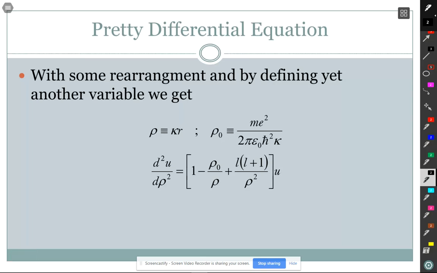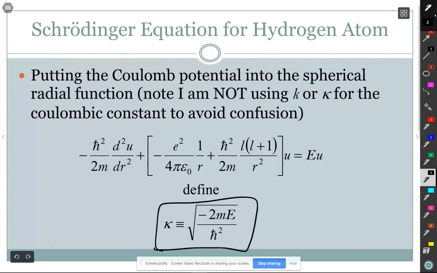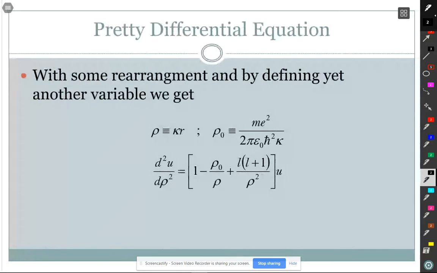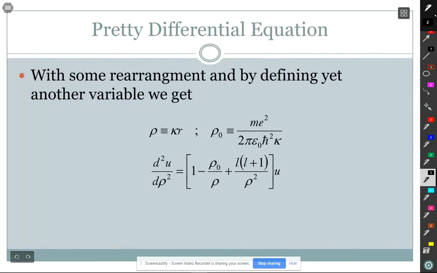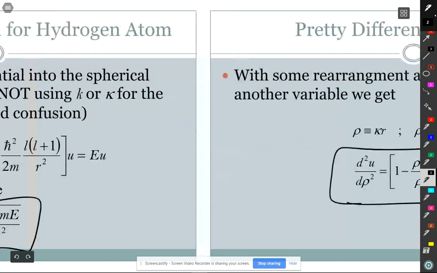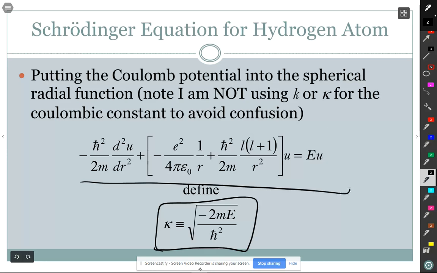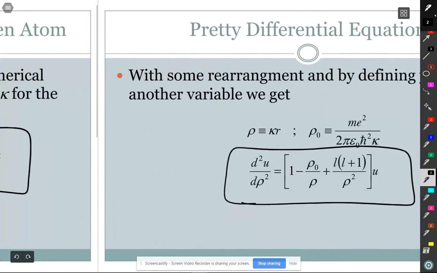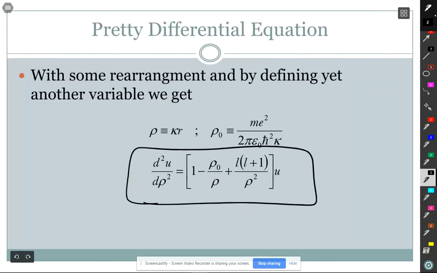So rho is our new variable instead of radius. But you can always calculate the radius from rho by using this value for kappa. Why do we do that? Because you can see this here became a much shorter equation. It's the same equation as this, but it's much shorter and easier to read.